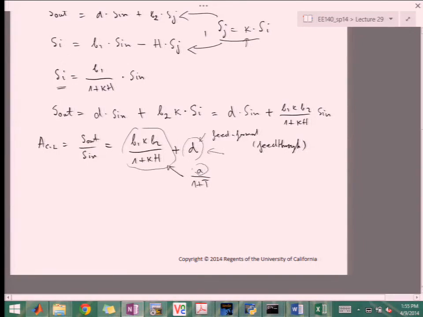Now, we can rewrite this a little bit in order to set the stage for the next derivation. You can do B1 K, B2, plus, and then take D times 1 plus KH over 1 plus KH.